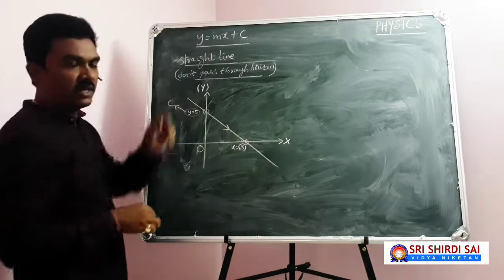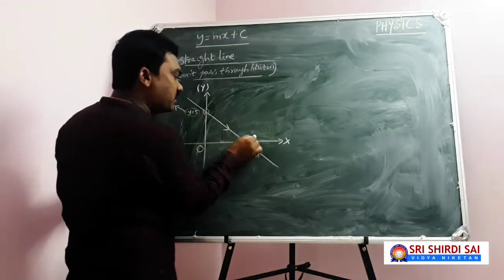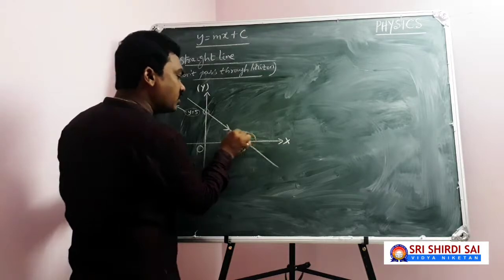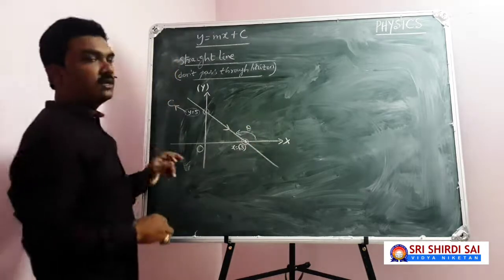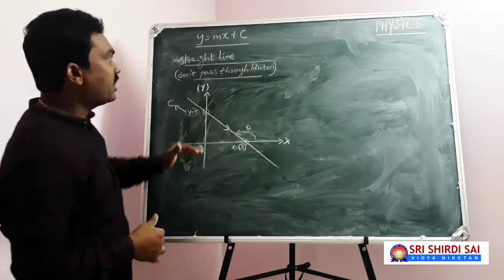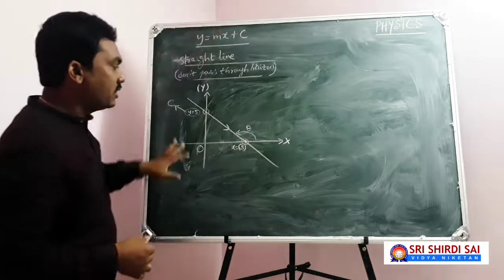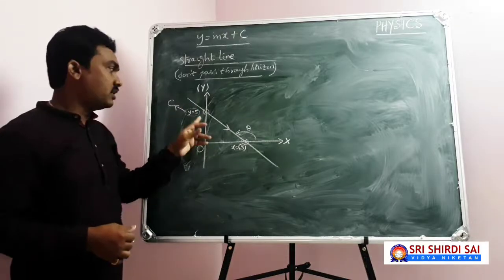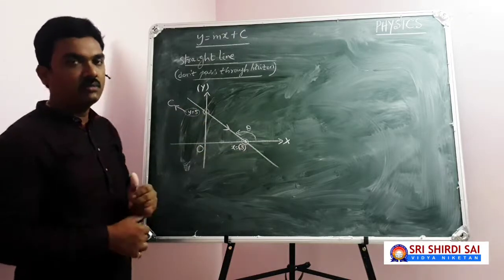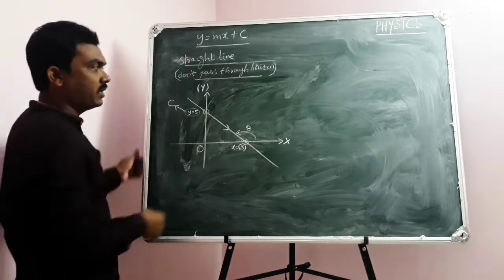This straight line makes some angle with positive direction of x-axis, then the slope m equal to tan theta. So any straight line of the equation y equal to mx plus c will be a straight line that is not passing through origin.